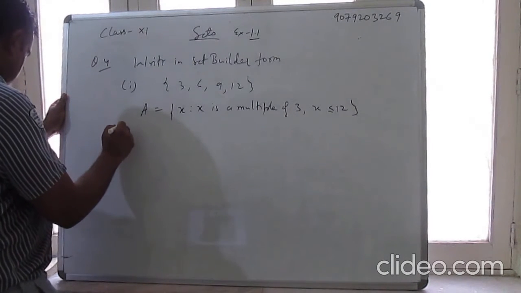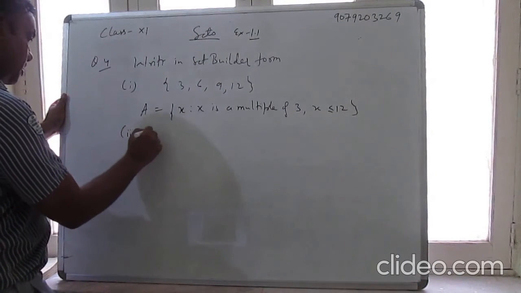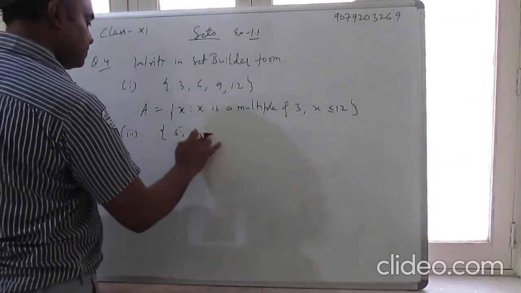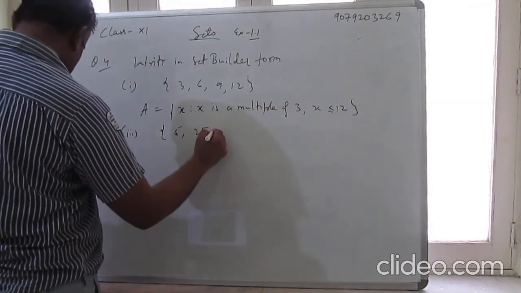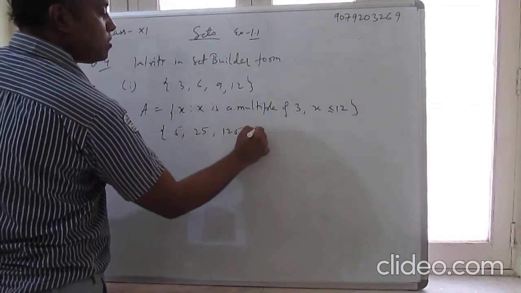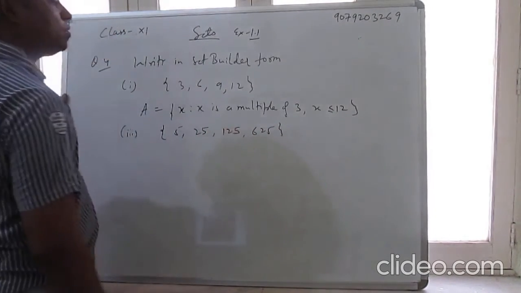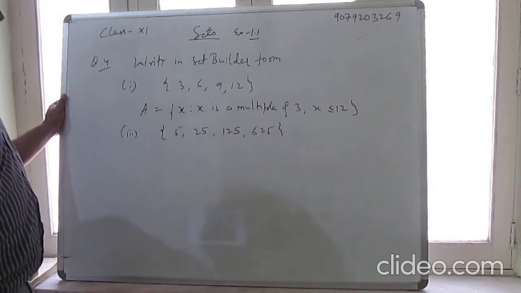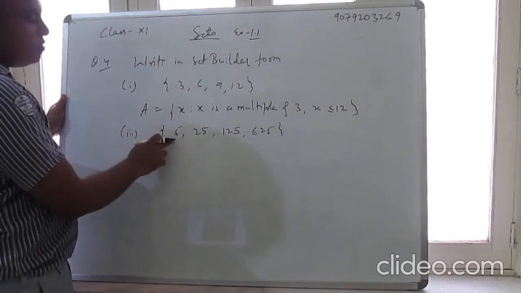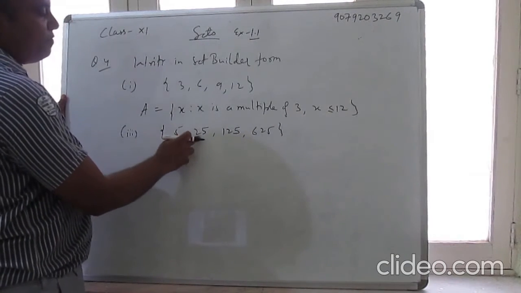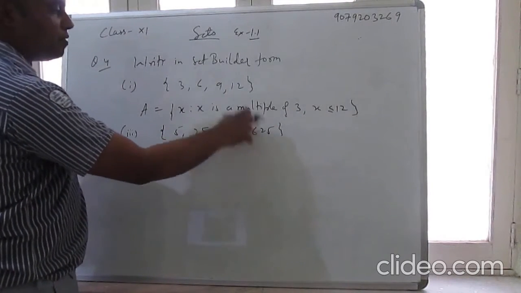One more I will do. See here, third part is given to you: 5, 25, 125, 625. Here you see that these are the powers of 5: 5 to power 1, 5 to power 2, 5 to power 3, 5 to power 4.